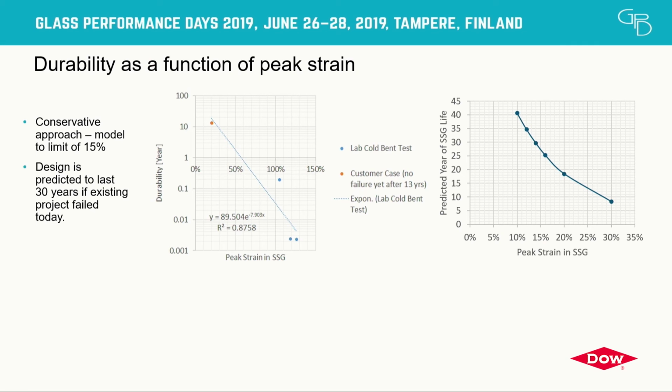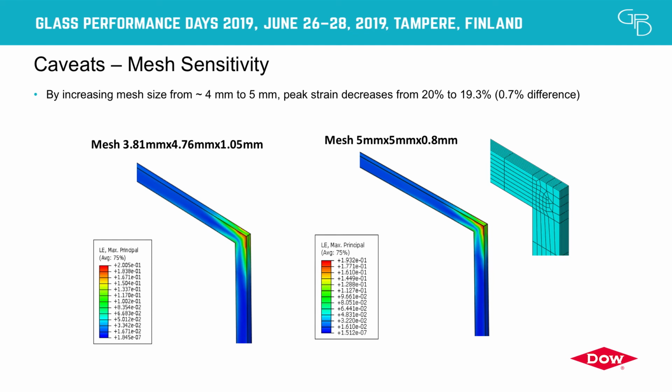So there are some caveats to this, though, in that you have to have the ability in your model to have mesh sensitivity. If you're going to be using something like peak strain, you have to ensure that you have fine enough mesh that you're not incorporating a collection of errors in it, and that you have enough discretization in your model to accurately predict that.